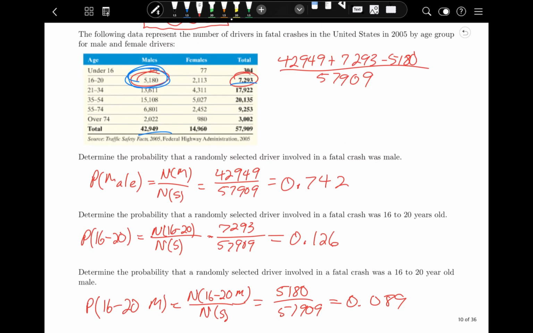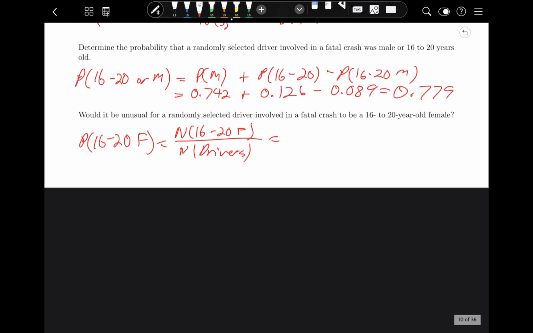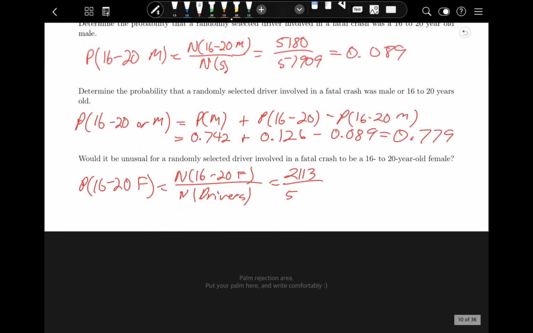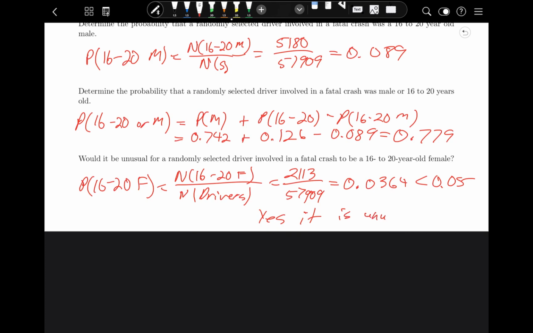So 16 to 20-year-old females is 2,113 divided by 57,909. And when you do that, you get 0.0364, which is less than 0.05. So yes, it is unusual.